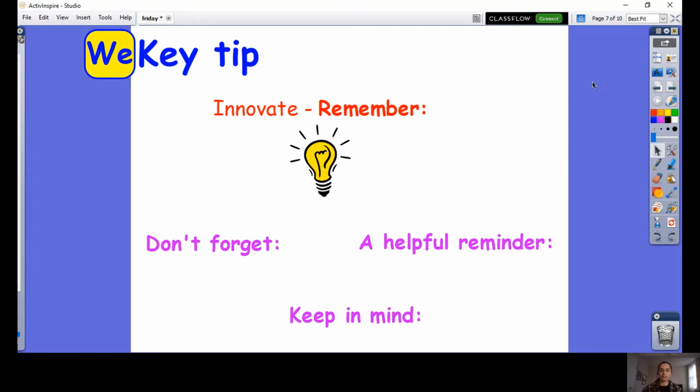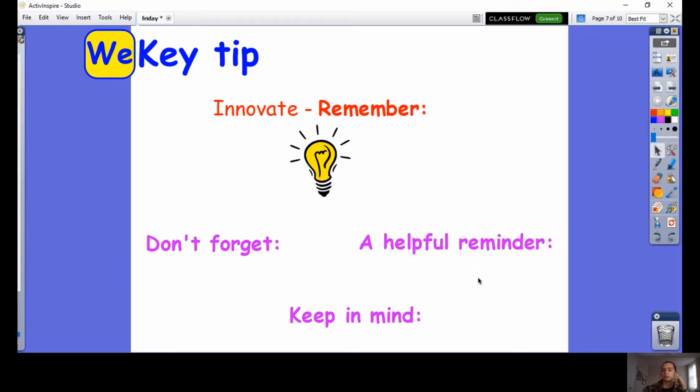We are innovating this week, which means we are changing things in our instruction. This week, we are going to innovate, so change, "Remember." At the start, we have "Remember" and then our colon. Instead, we are going to pick something else. Here I have some examples. Don't forget, a helpful reminder, keep in mind.